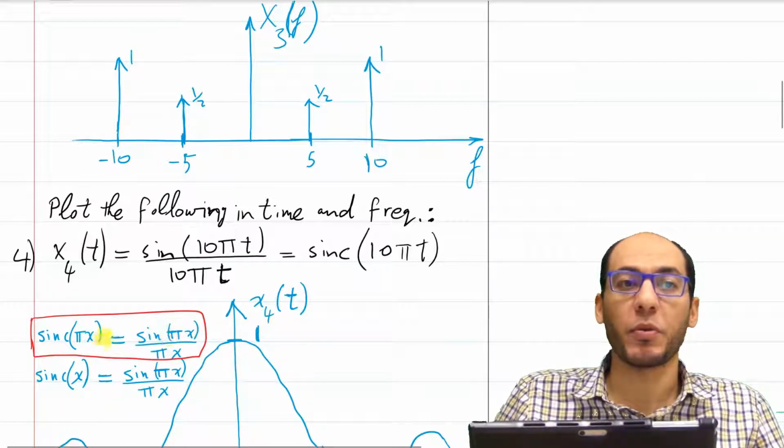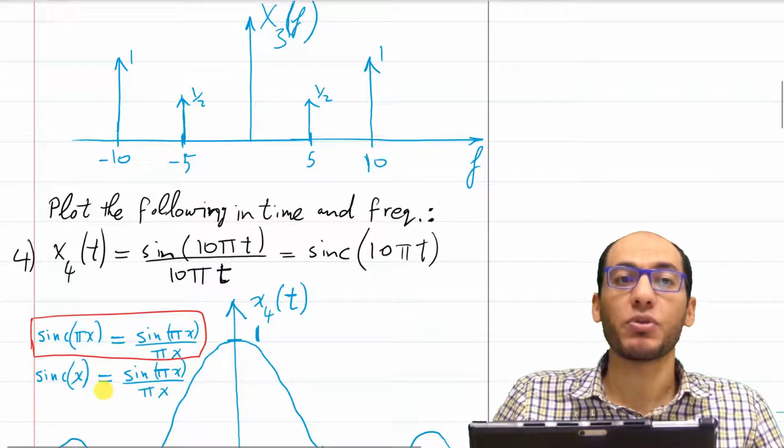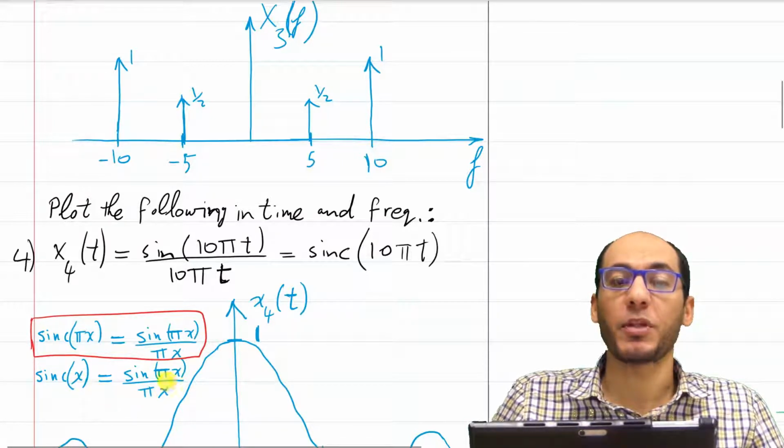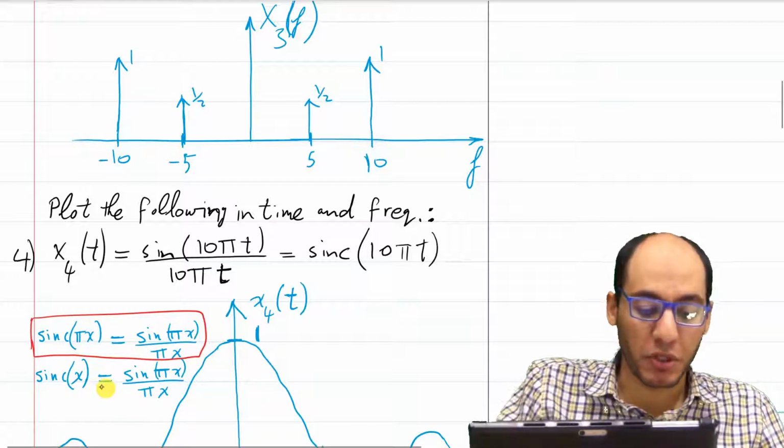This definition comes from mathematicians, and the other definition comes from signal processing people. That one says sinc x is equal to sine pi x over pi x, so I did not put the pi here, and it's implicitly meant to be multiplied by the x. That's the second definition that I'm not going to be using in this video. I'm going to be using this definition.